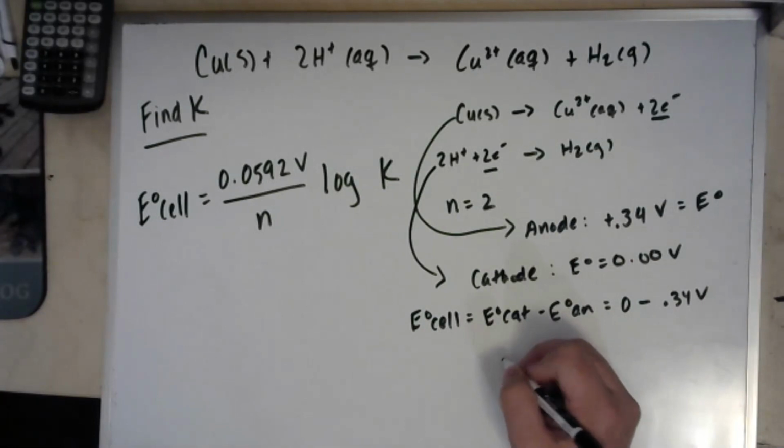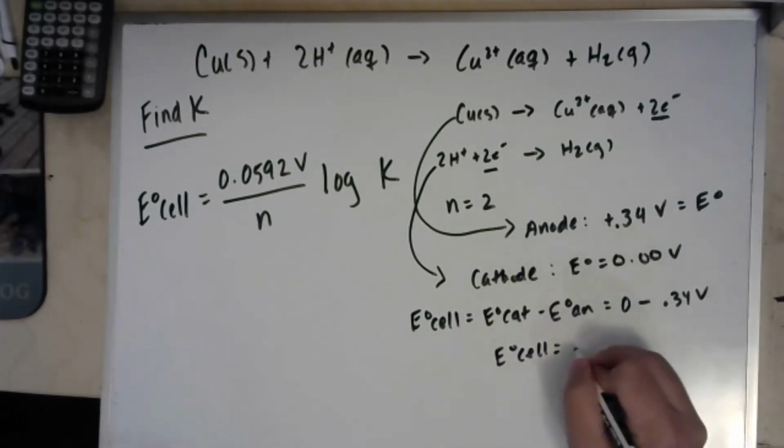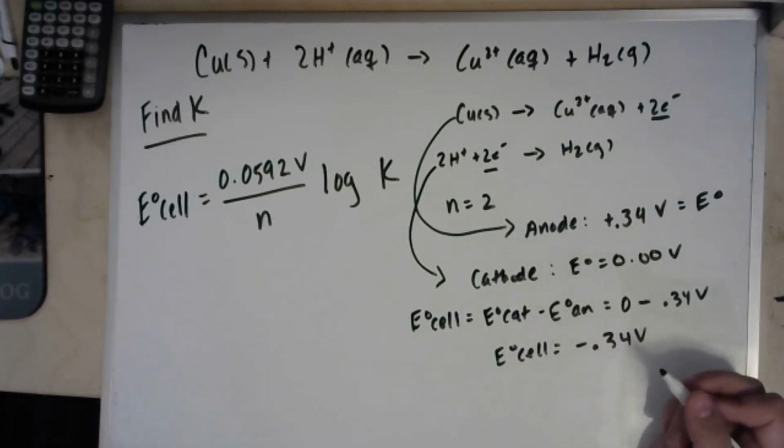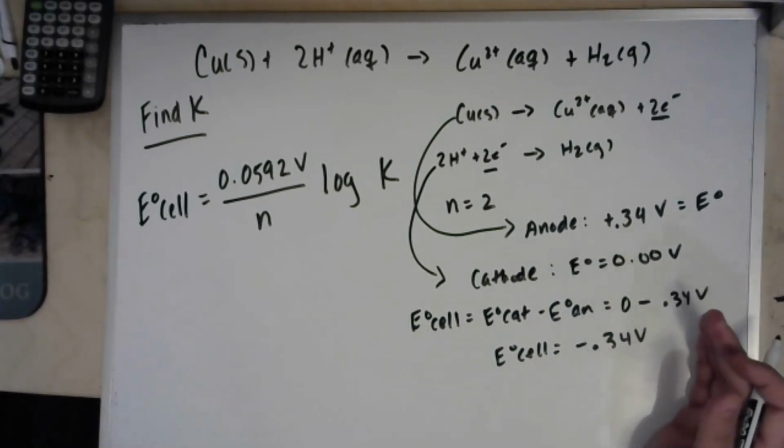So we see that our E cell is going to be negative 0.34 volts.